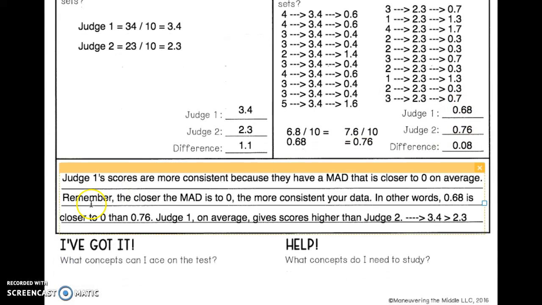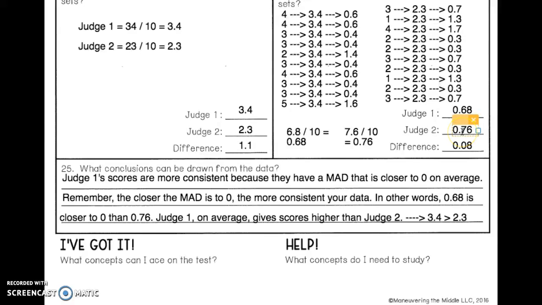And then question 25 says, what conclusions can be drawn from the data? Well, this is what I said. I said that Judge 1 scores are more consistent because they have a MAD that is closer to 0 on average. So notice 0.68 is closer to 0 than 0.76.